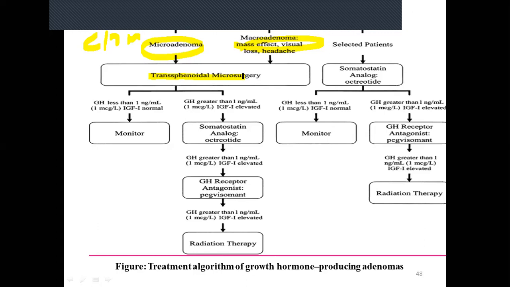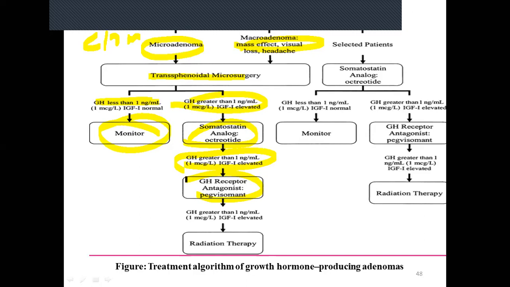Then if the growth hormone is less than 1 nanogram, you just monitor, with no need of giving additional treatment. If the growth hormone is above 1 nanogram, you give somatostatin analogs and you monitor. If it is still above 1, you give a growth hormone receptor antagonist. If still above, maybe you can consider radiation therapy.